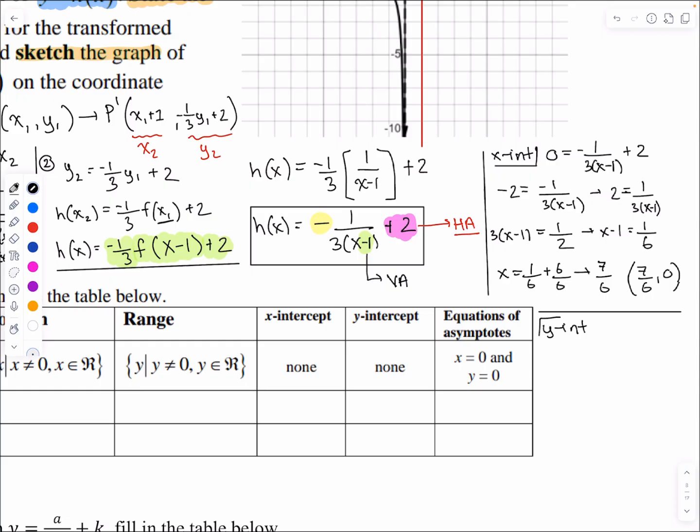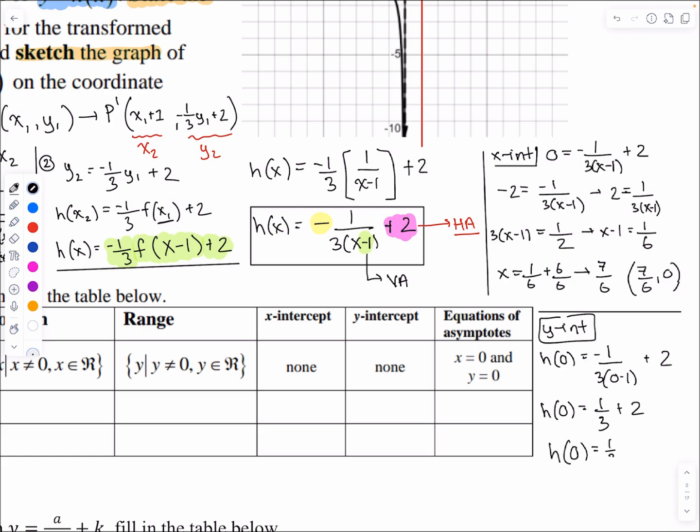All right, so when we're evaluating our y-intercept, we take our function here, in this case is h of x, and we're going to input a 0 for our x value. So it's going to be negative 1 over 3, 0 minus 1 plus 2. So what do we have? It's going to be negative 1 over negative 3. So it's going to be 1/3 plus 2.